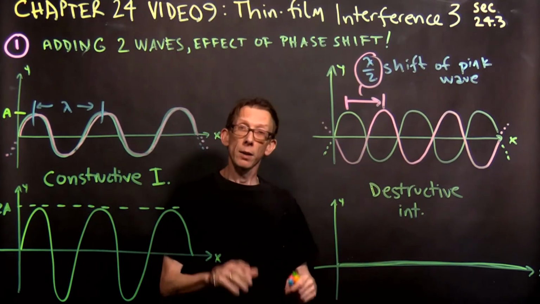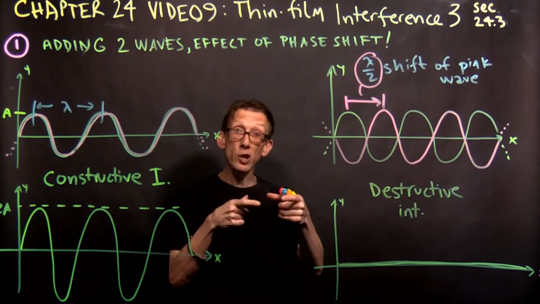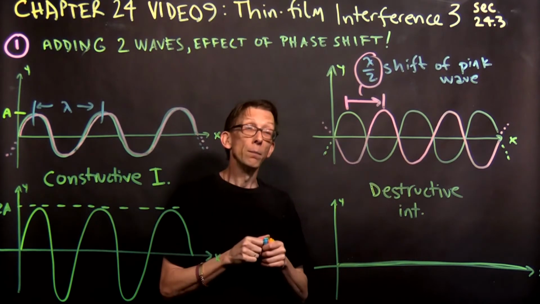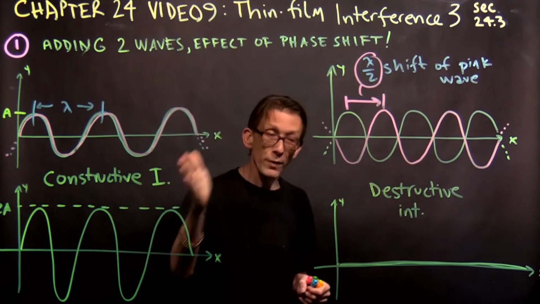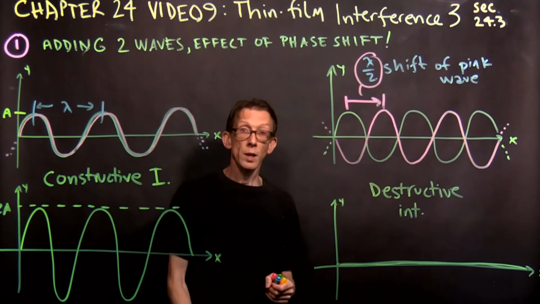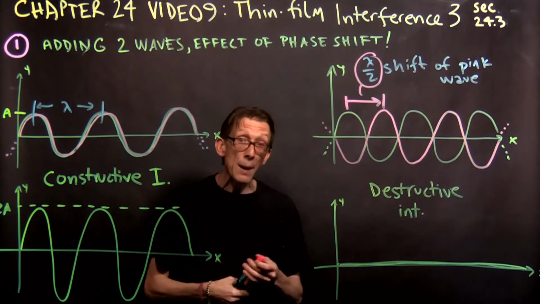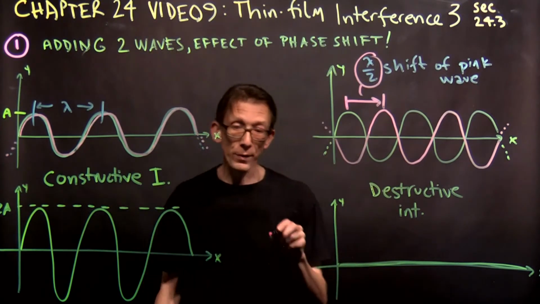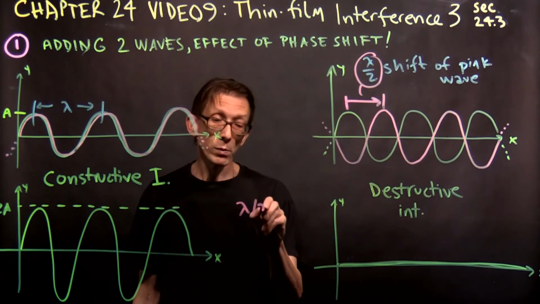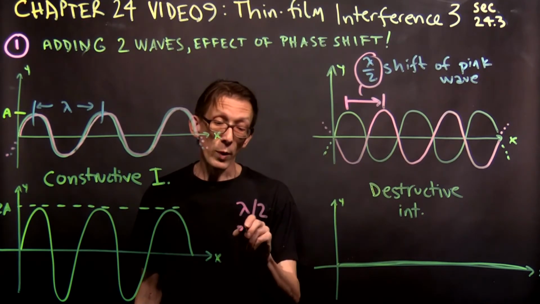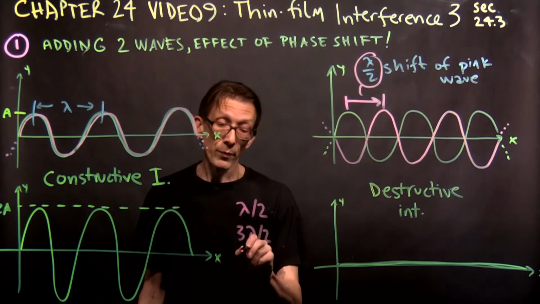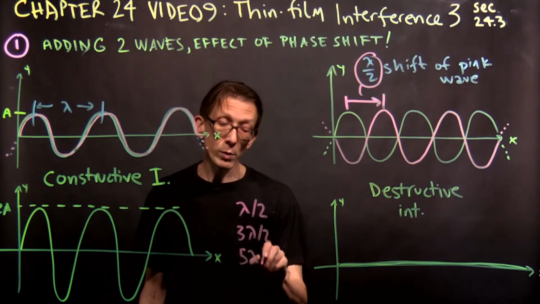That relative shift is known as phase shift, and it takes you from constructive to destructive interference. The same thing would have happened whether I shifted it lambda over 2, 3 lambda over 2, or 5 lambda over 2.